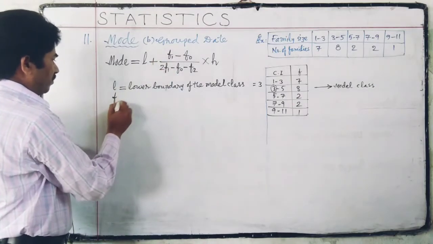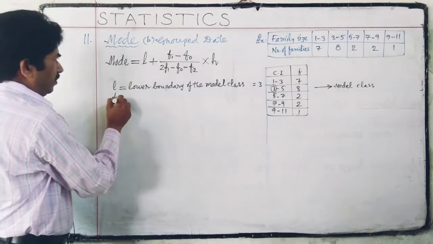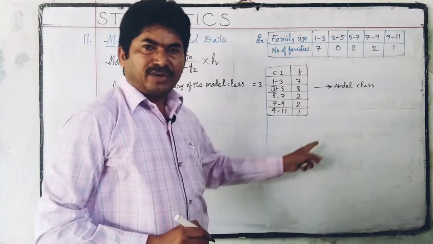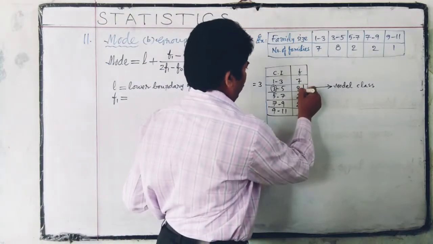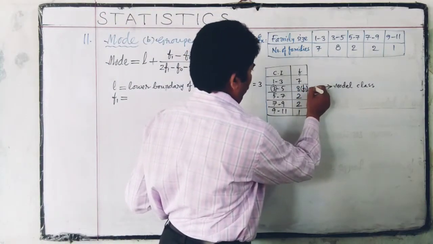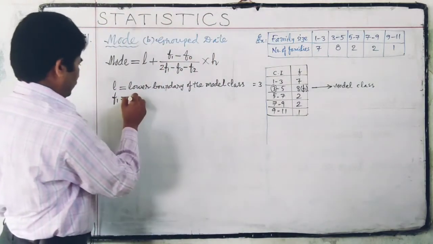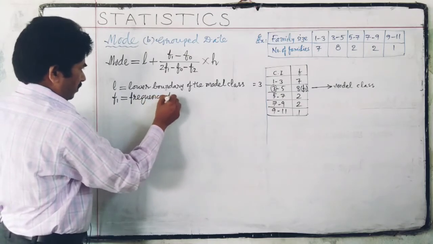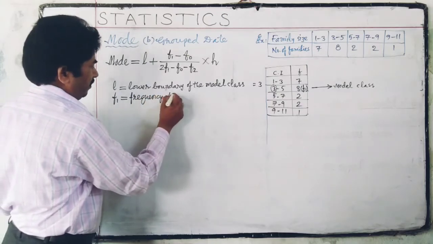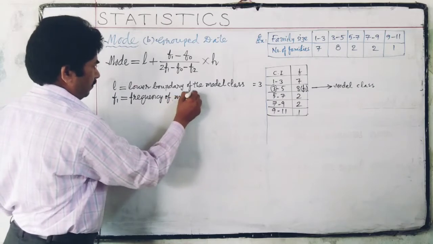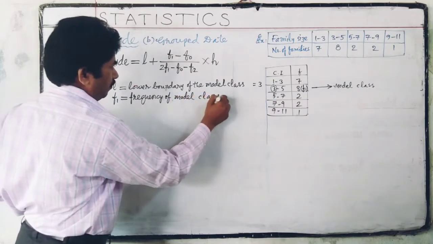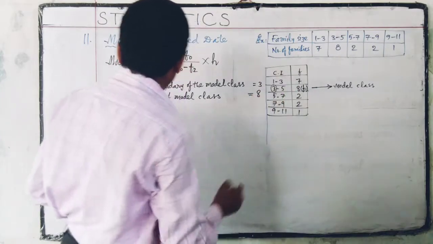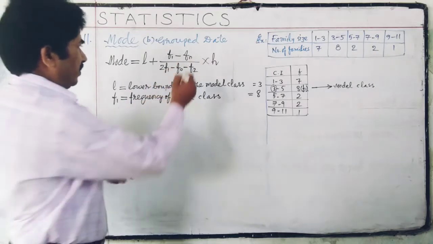Next, F1. F1 is the frequency of the modal class. So this is F1, the frequency of the modal class, which is equal to 8. Next, F0. What is F0?